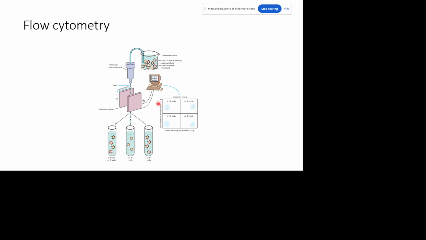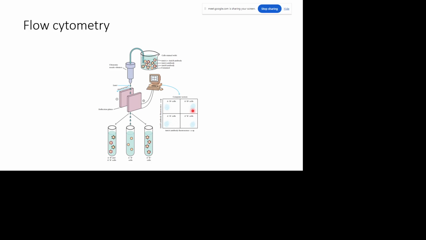For example, in the first quadrant, A minus B positive cells, these are bound with the anti-B antibody, and this anti-B antibody is conjugated with some fluorescence, for example green fluorescence, then you can see all those cells in the green channel, right?